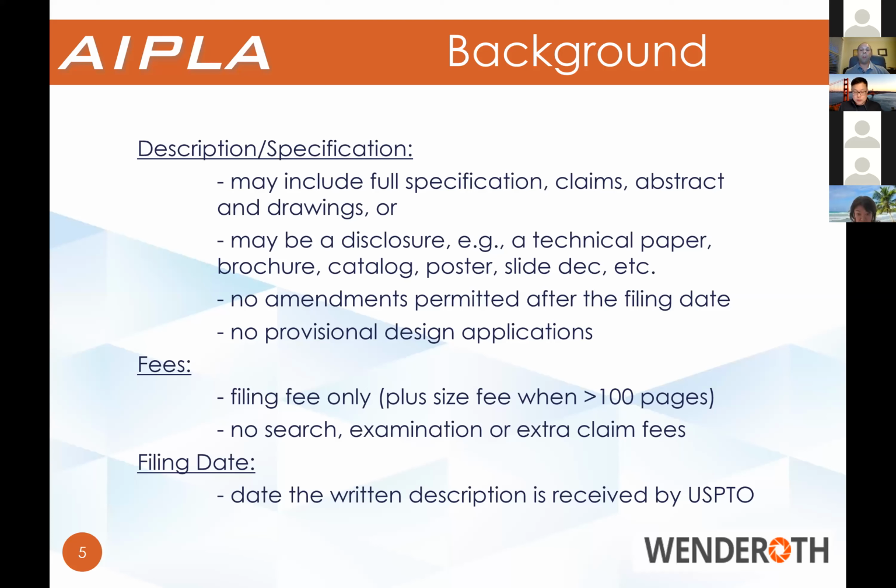And that would be more a situation where, for example, a website might be going live and there's description of a product in that website, and the inventors would want to have their provisional application filed with just that description of what's going to be on that website.